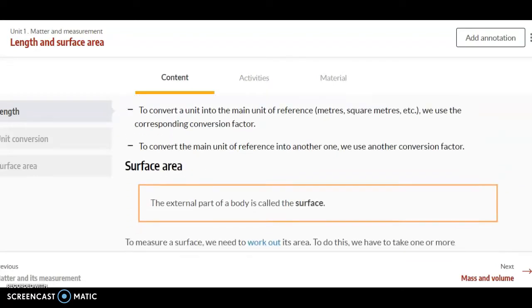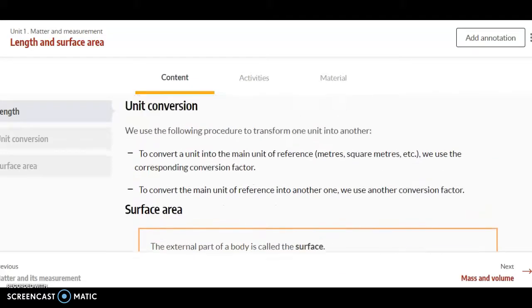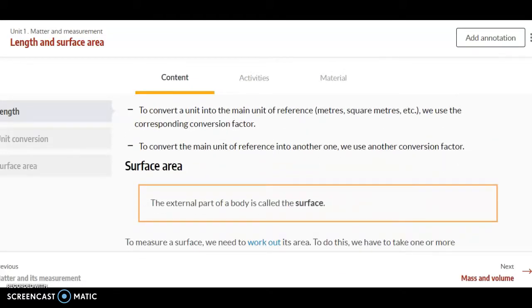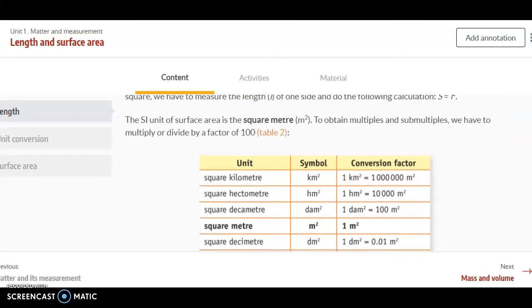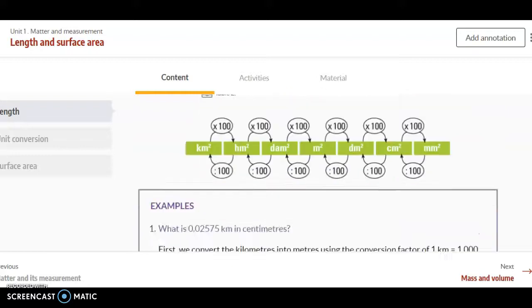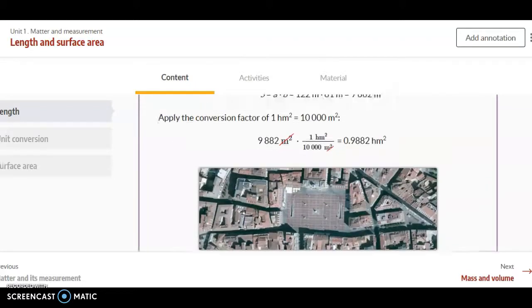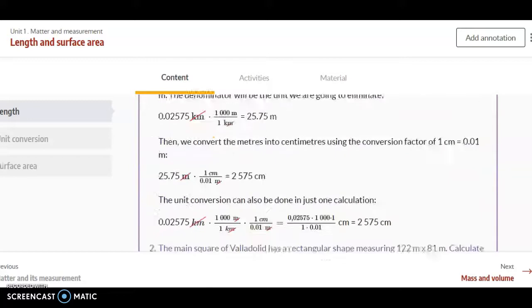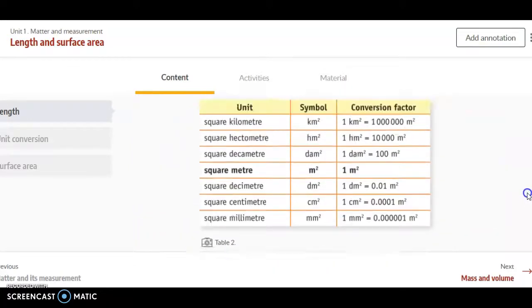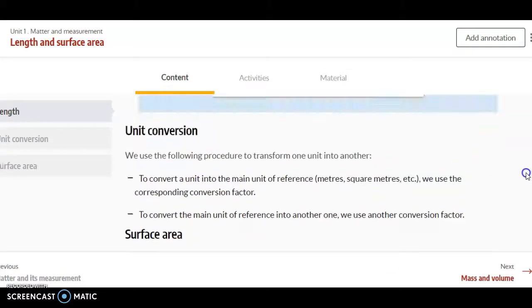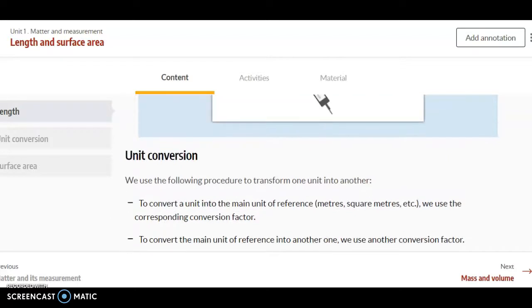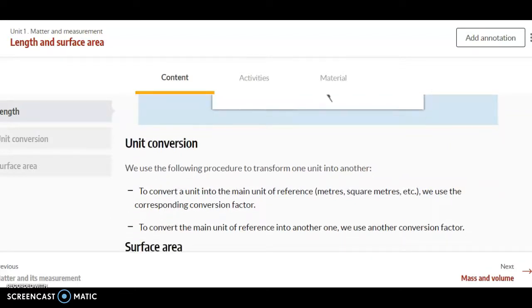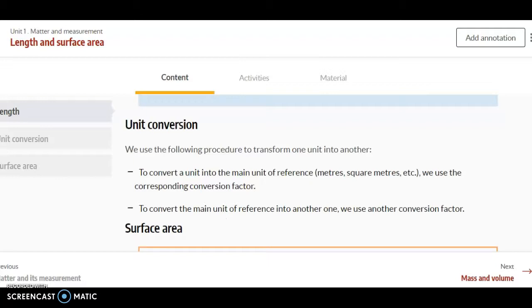When we convert units, yes, you're going to have unit conversion. We can convert units from one system to another. For example, we have the English system of units, I think that was in the other lesson. But unit conversion is only a way to convert from your basic unit into your multiple or submultiple units.